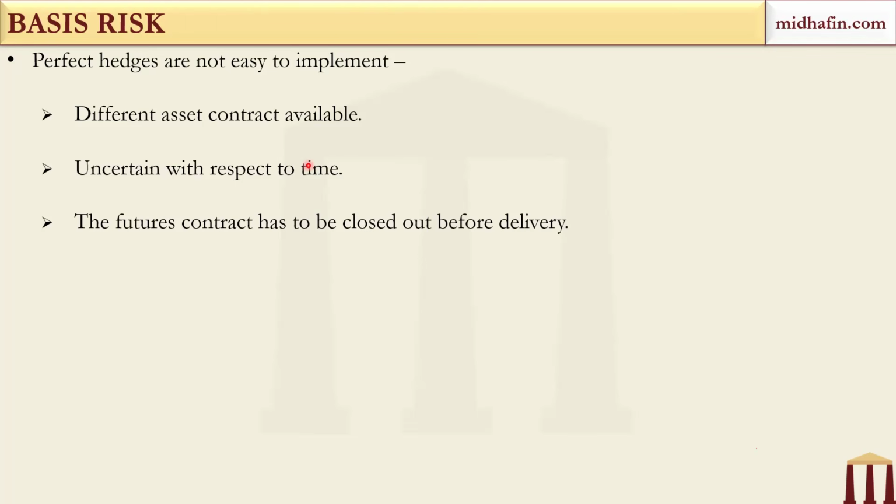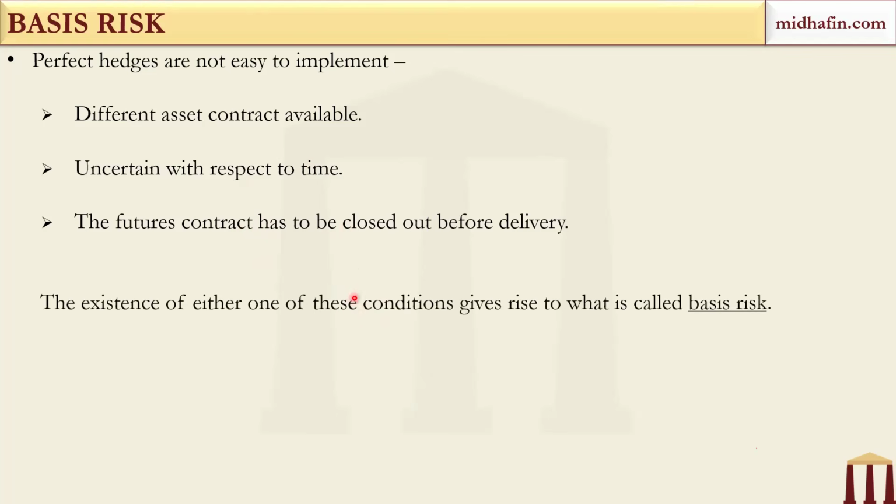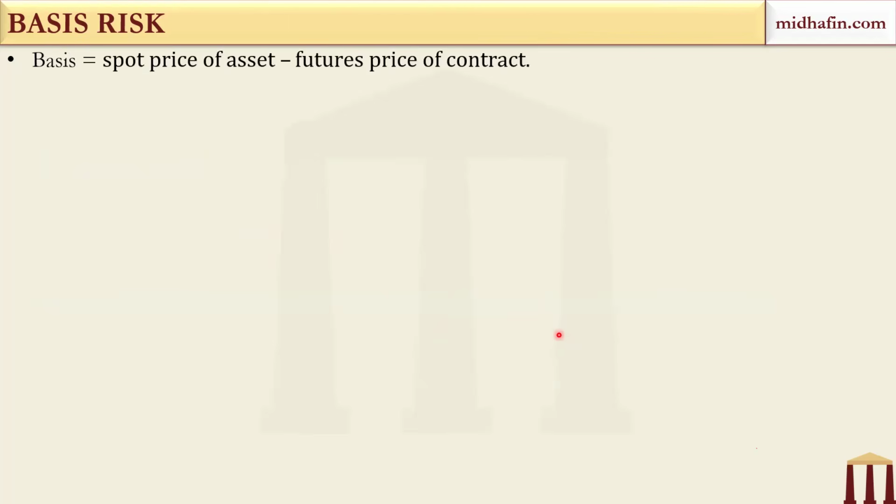So these things add to the problem. And in some cases, even though hedging has been done, unforeseen events happen, like heavy rains, and the futures contract may be closed out before delivery. So the existence of either one of those conditions gives rise to basis risk.